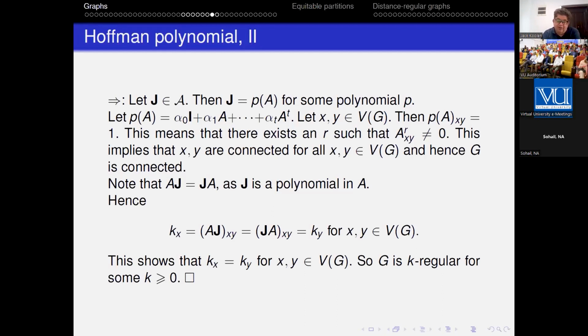So then that means that K_x, that is (AJ) in the entry xy, is K_x, yes? But that is also (JA)_xy, and that is K_y, so K_x must be K_y. And this shows that the graph is K-regular, because we have already shown that it is connected.